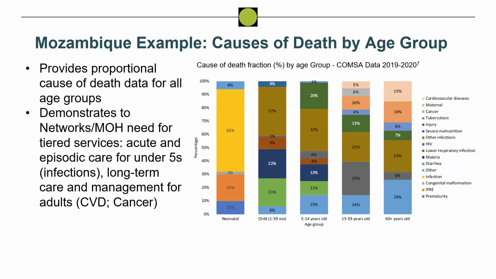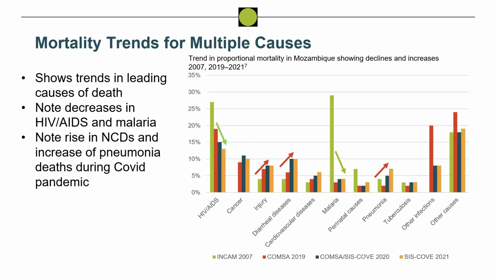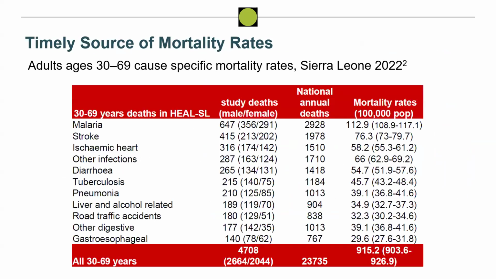We presented some of these examples to USAID at the time, to make the case that an SRS would be able to provide us this kind of information. Also, these are other examples that we picked from the Mozambique case, where they were able to provide the different causes of death and how that has changed over time. Again, Ghana would be able to benefit from an SRS for something like this.